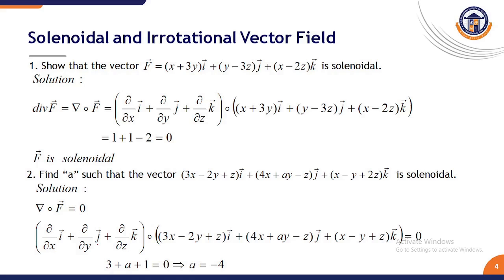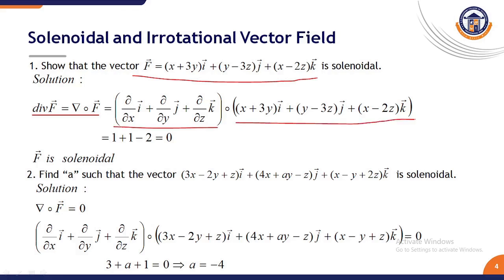Next, problems based on these vector fields. The first problem: show that F vector is a solenoidal vector field. So we have to prove that del dot F equal to 0. That means take the dot product between del operator and F vector.